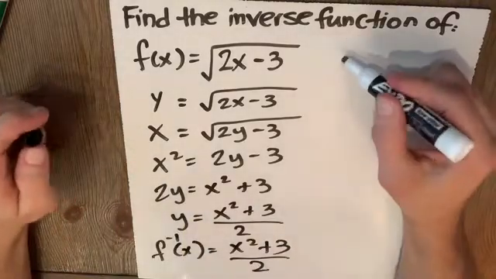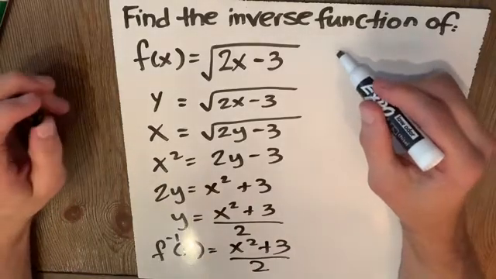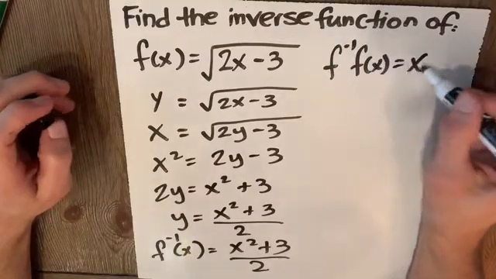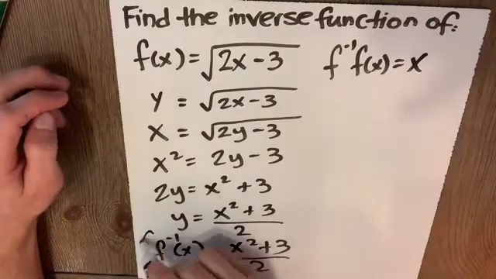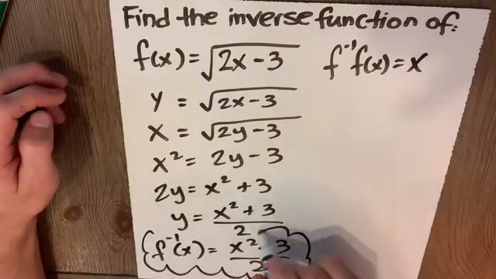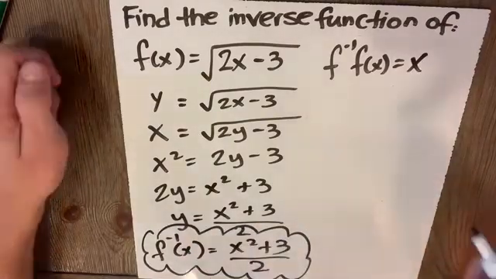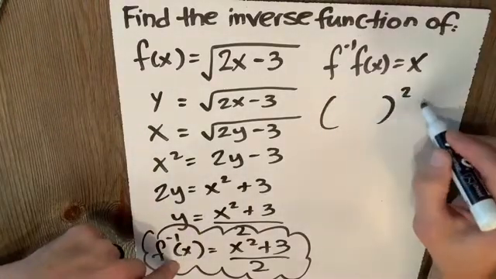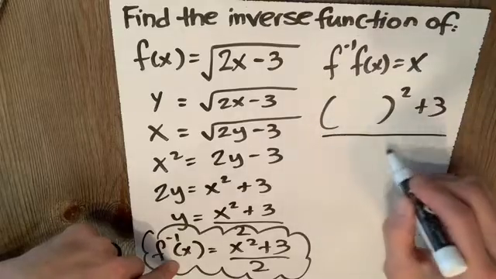I've been showing f of f inverse of x equals x. Let's try f inverse of f of x equals x. We're testing this out now. I think we found the inverse function, but I'm not sure. So the inverse function says, take your input, square it, add 3, and then divide by 2.